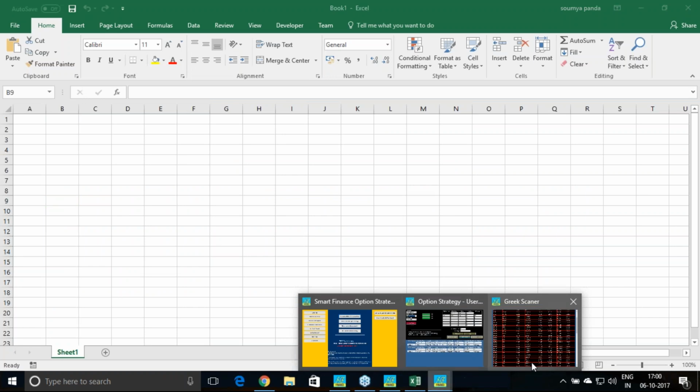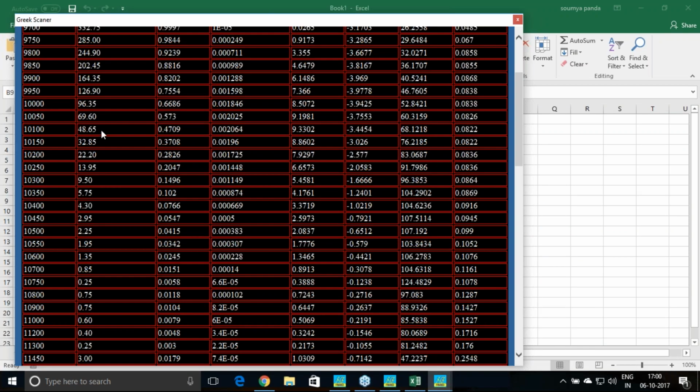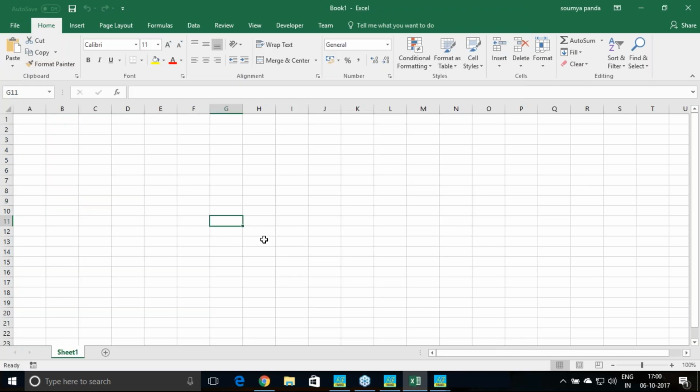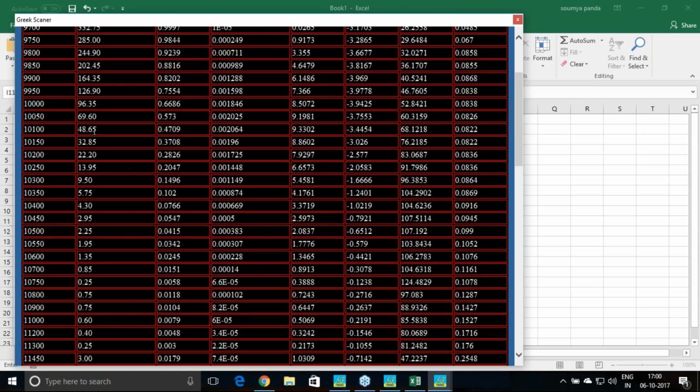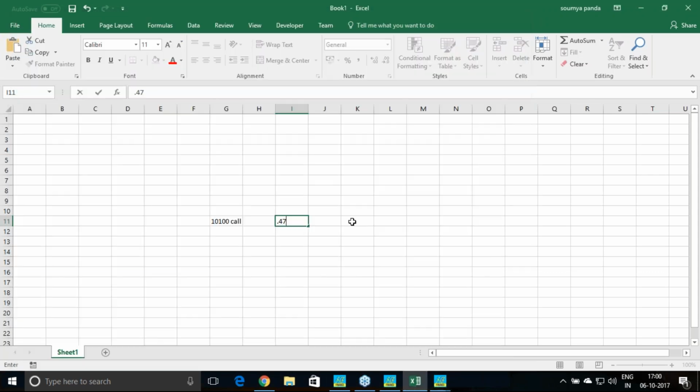So it is very close to that. The 10,100 call option has a 0.47 delta. So I'll go for the delta 10,100 call, which has 0.47 delta, and the last traded price is 48.65.